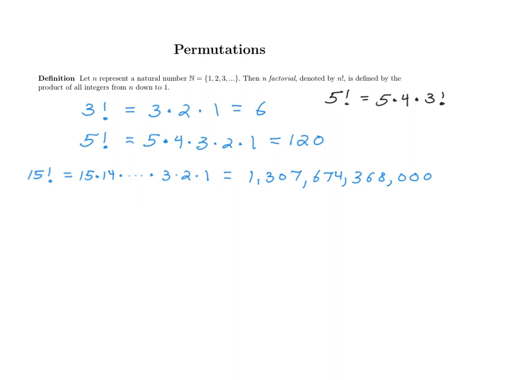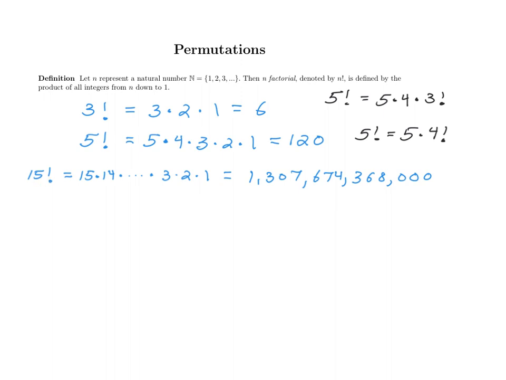You could also write, well, 5 factorial is equal to 5 times 4 times 3 times 2 times 1, but that's the same thing as saying 4 factorial. So you can always write this expression using smaller factorials after it. The same is true for 15 factorial.